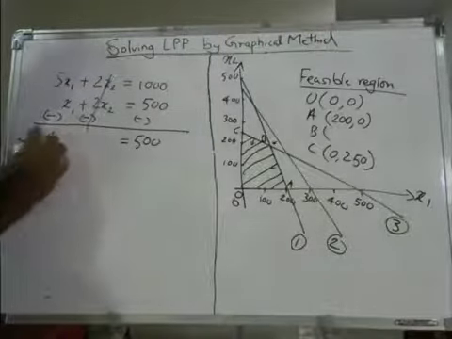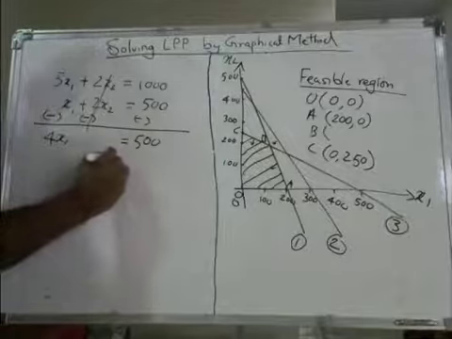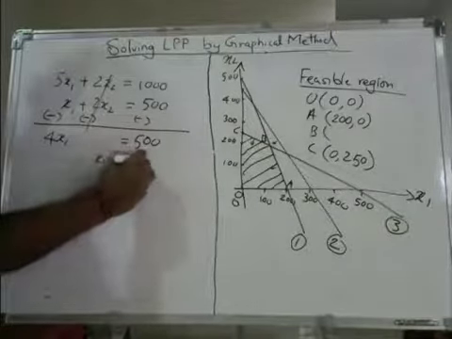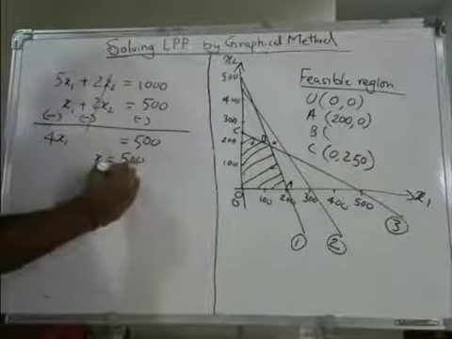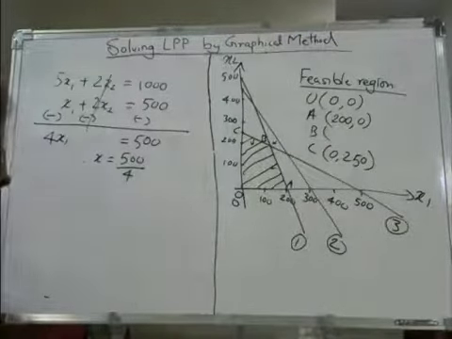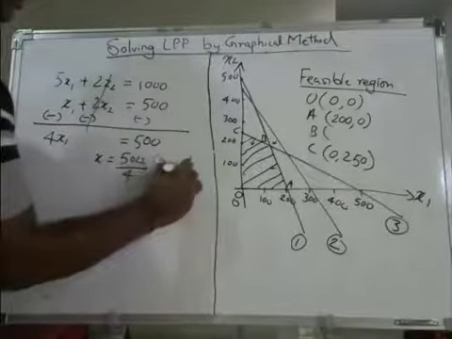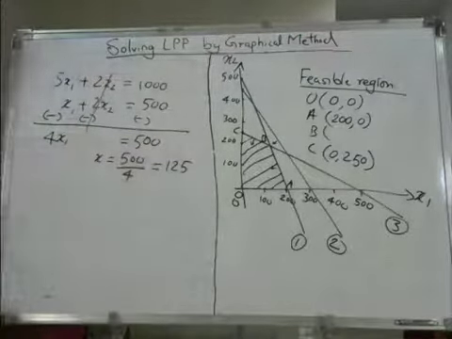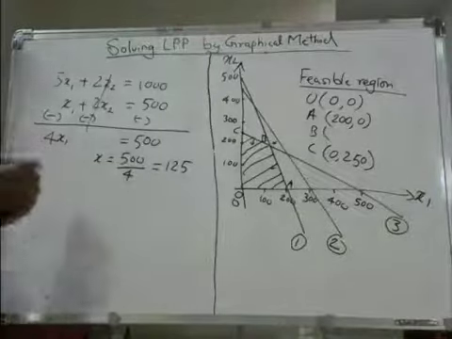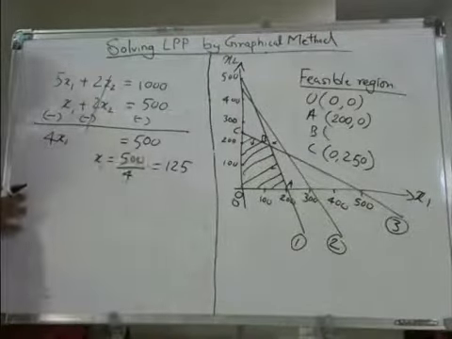So basically you got 4x1 is equal to 500, therefore x1 is equal to 500 divided by 4, which is equal to 125. Now basically you got x1 is equal to 125.